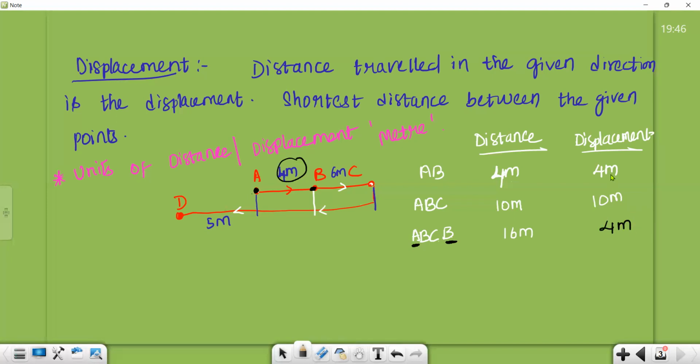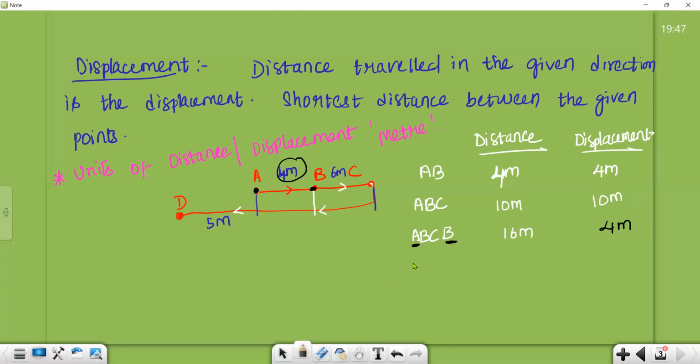Yes, very good. So in case of displacement, we have to see the initial and final points. To reach B, what is the shortest distance it can travel? 4 meters. No need to go the whole way.